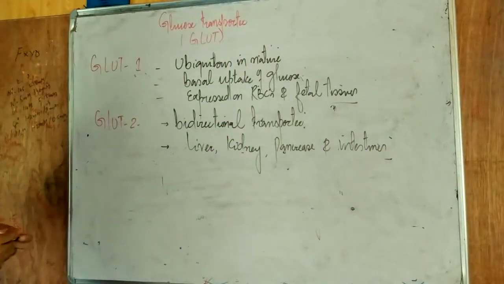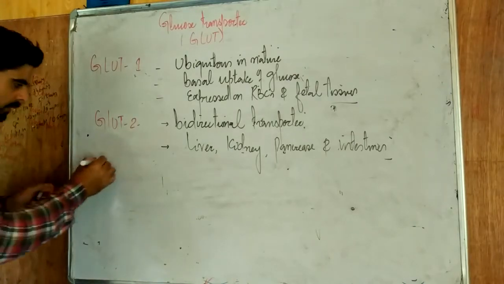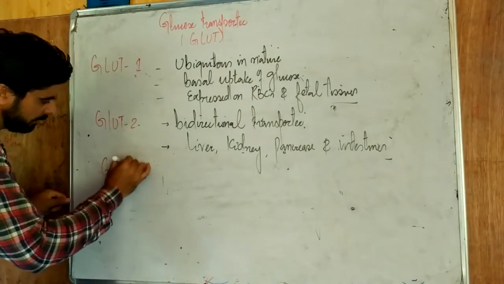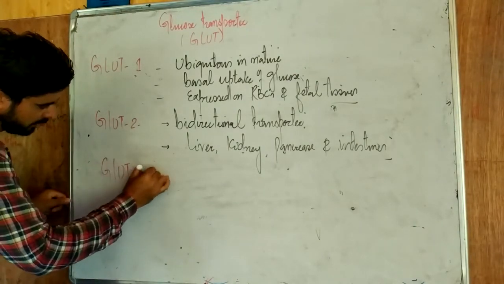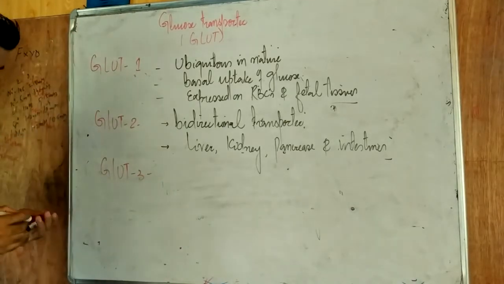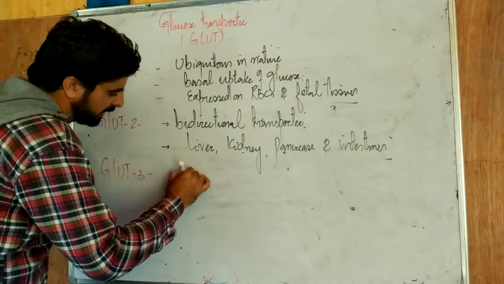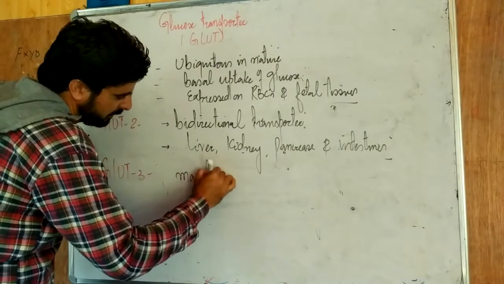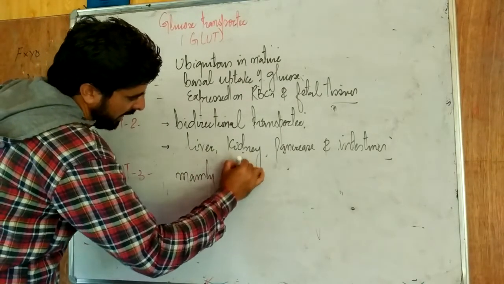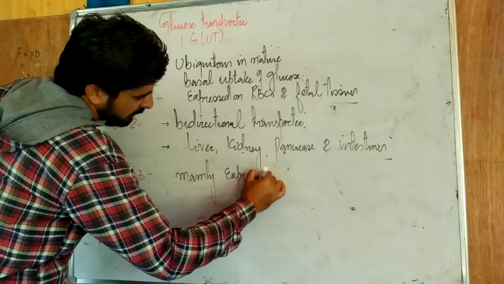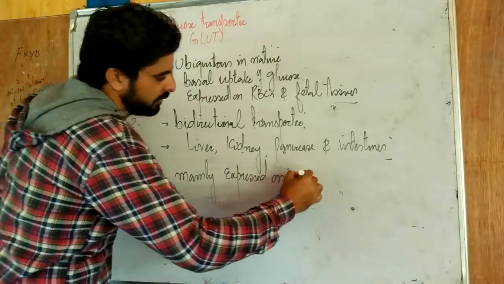The next one we have is glucose transporter third, that is GLUT 3. GLUT 3 is mainly expressed on neurons.